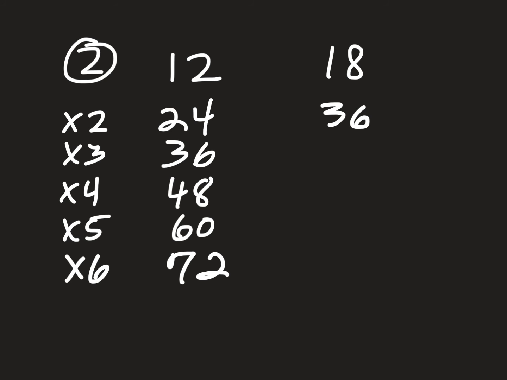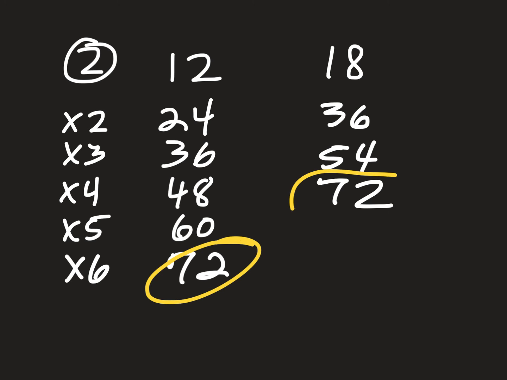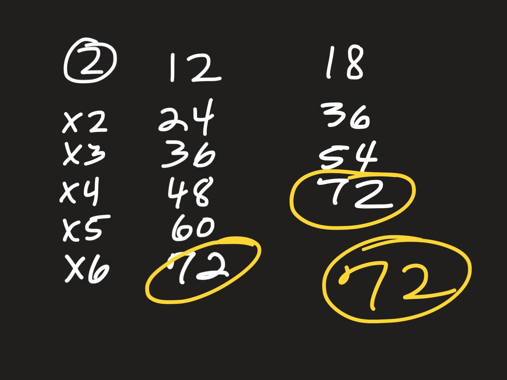Times 3 is 54. Sorry, I meant to say 18 times 4 is 72. And looky there, we've got our common multiple, our least common multiple. So 72 is going to be your answer for number 2.